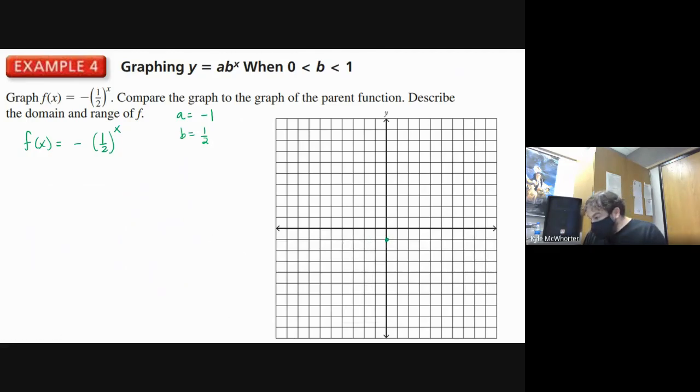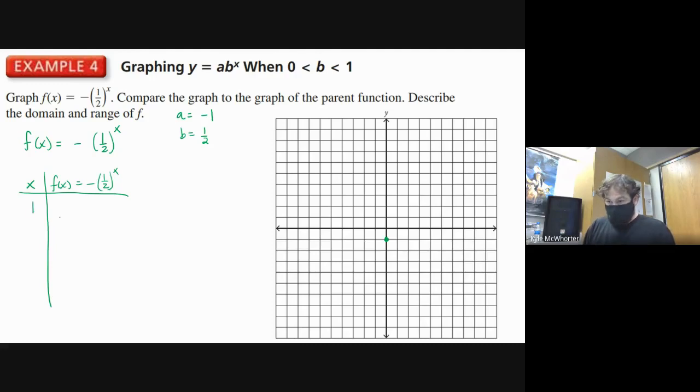I wish it would just let me draw dots instead of thinking I was trying to do something weird. Okay, so let's find some other points and graph this thing. We already know when x is 0, this is just going to be -1.